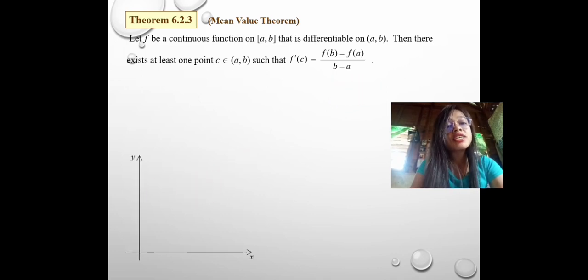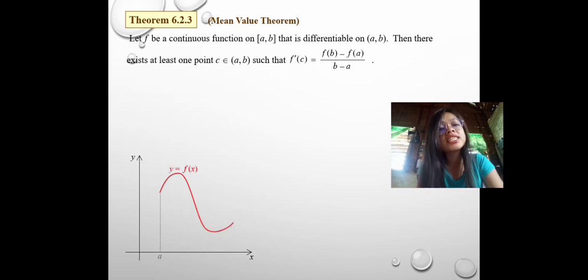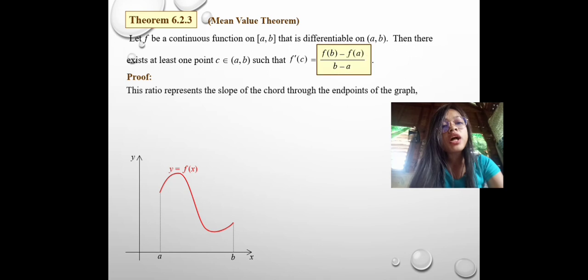And this is the graph of y equal to f of x, which is this f of b minus f of a all over b minus a.